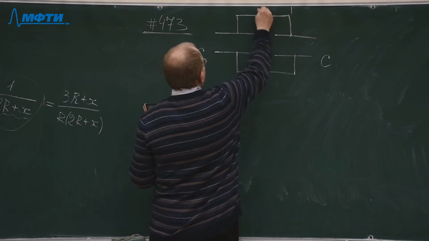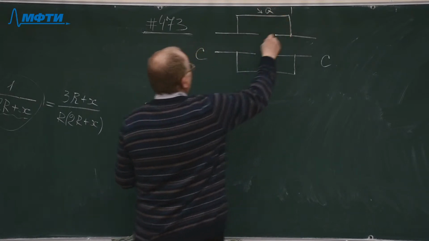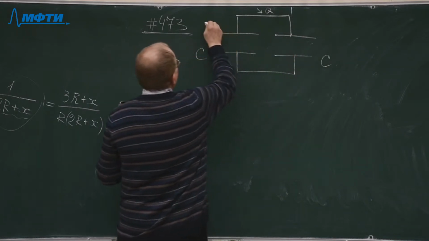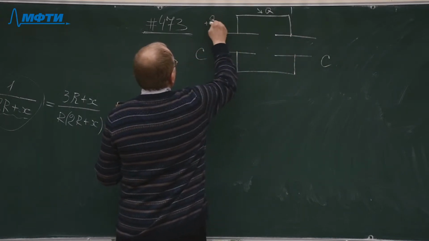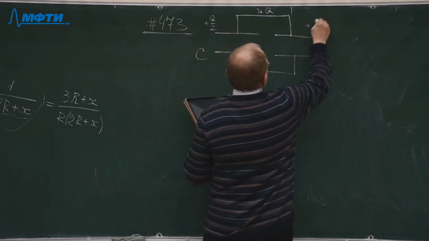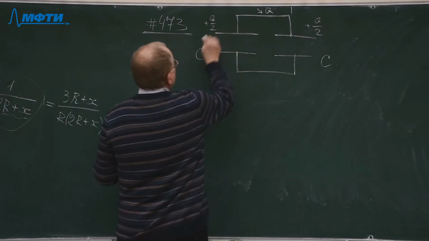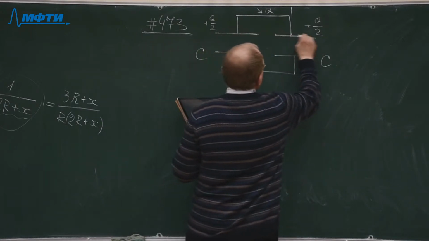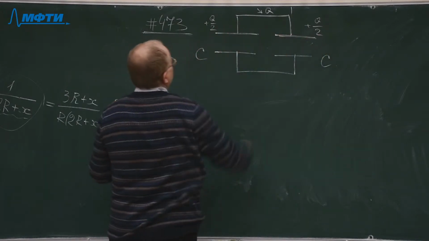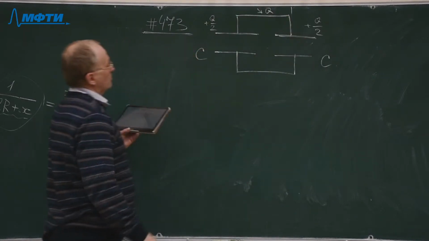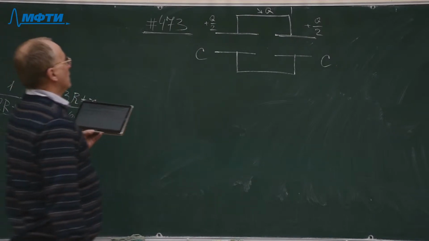So we put here charge Q. It will obviously divide into two equal parts. So plus Q over 2 will be here, and plus Q over 2 will be here. On this plate of the capacitor and on this plate, we will have equal charges because total charge plus Q is put on the upper side of the scheme.